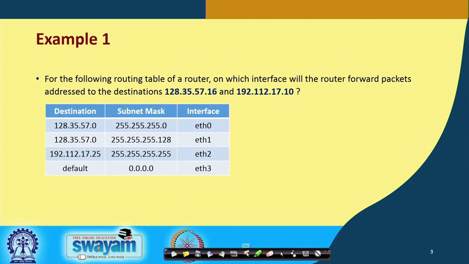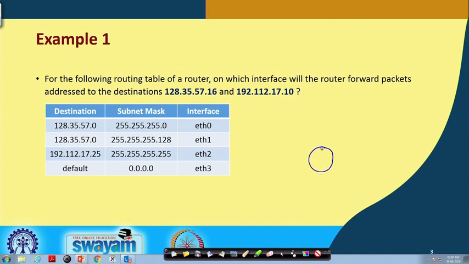The first example that we take here is something like this. Let us assume that we have a router which has 4 interfaces.